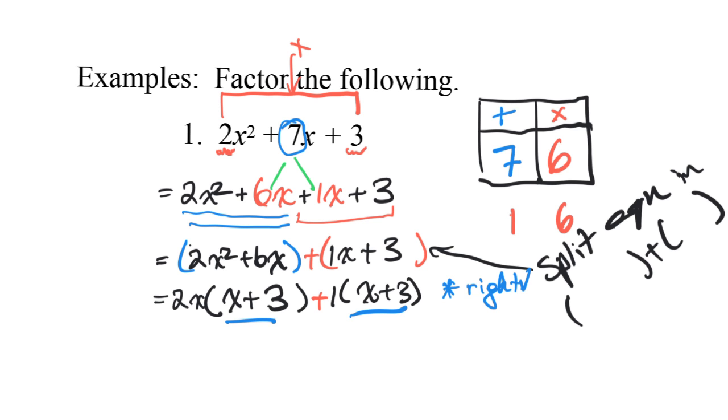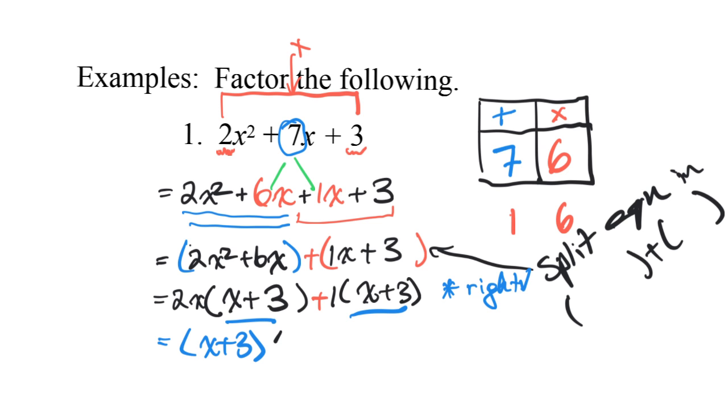Big check mark. So what this forces me to do is go and take the common factor of each of these blocks of multiplication, and it turns out the common factor is just x plus 3.